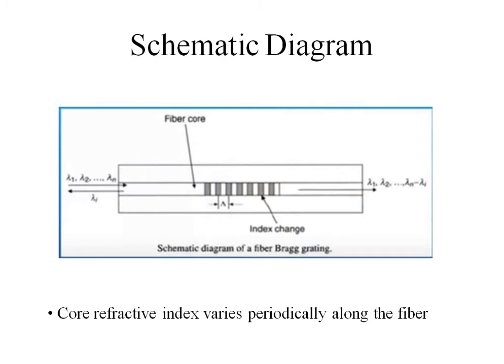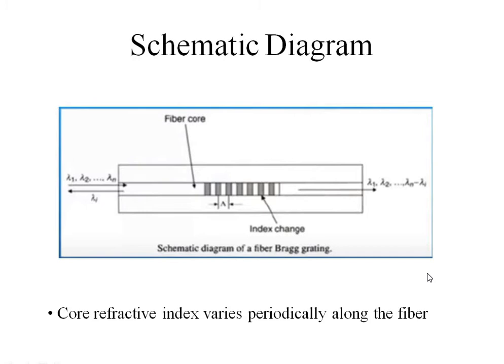But in an FBG, the refractive index of the fiber core, you can see this is the fiber core, changes periodically along a short length. As shown in the picture, the period is lambda.